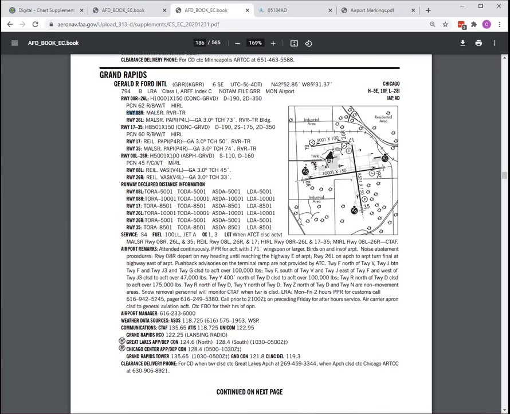So going down 8 right, we have medium intensity approach lighting, and it has runway alignment indications. So it tells you whether or not you're aligned. So that's these things out here.